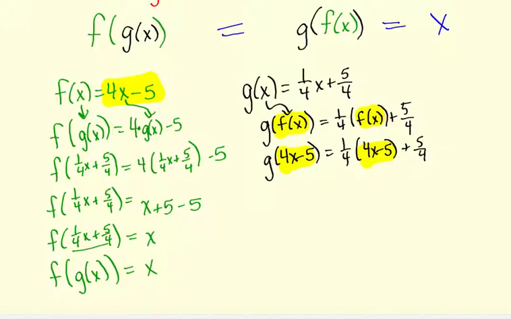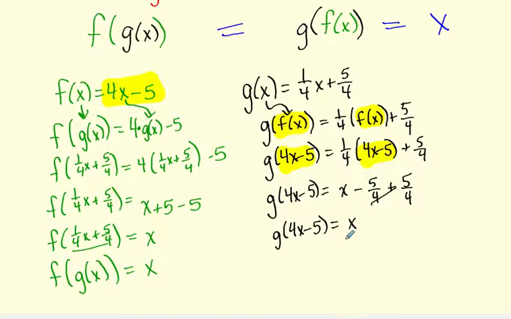Now I continue on with some simplification. Again, this side does not change. That's how you do function operations. 1/4 times 4x would just be an x, and 1/4 times -5 would be -5/4. And you can see that these are going to cancel to 0. And I would have g of 4x minus 5 equals just a single x. Again, just to show you the notation, 4x minus 5 is equivalent to f of x.